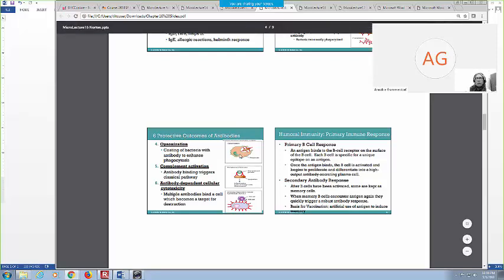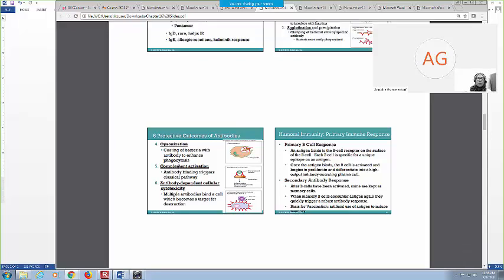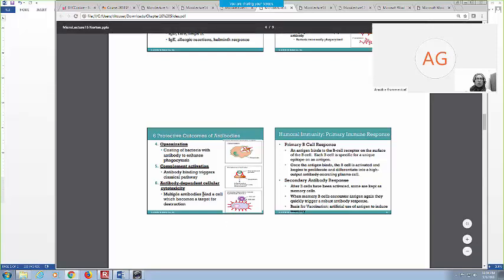or signal for the innate immune response, the phagocytic cells, to engulf and destroy them, or activate the innate chemical signals of the complement, so that they in turn either directly kill the pathogen in the case of the membrane attack complex forming, or they can also help to signal for phagocytic cells to destroy the pathogen.